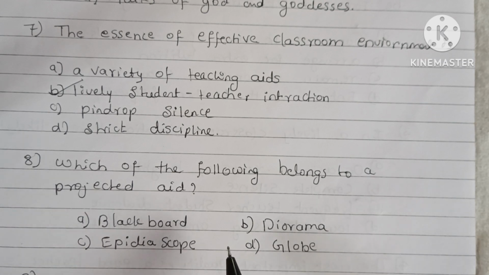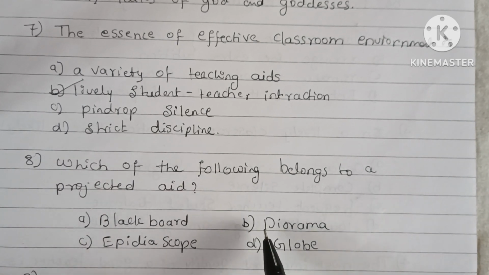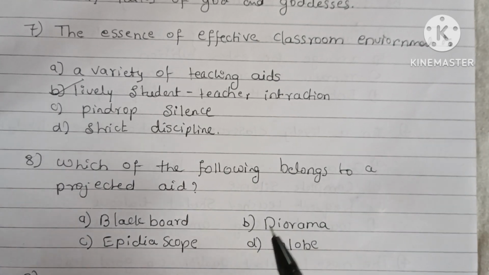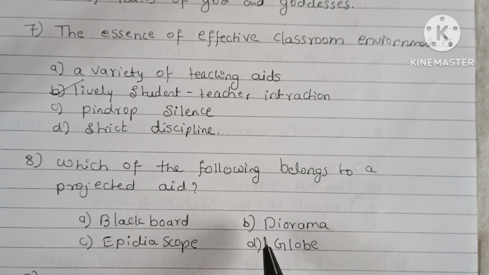Projected aids make use of a screen to display images and sounds. They make the learning process more attractive and creative for the students. Epidiascope is a projector that is used to display images for both opaque objects as well as transparencies.